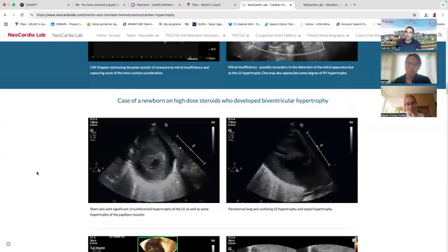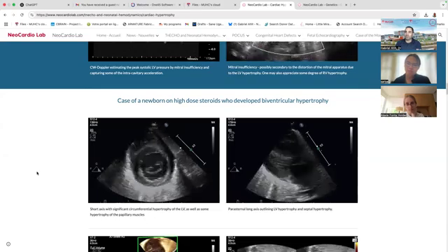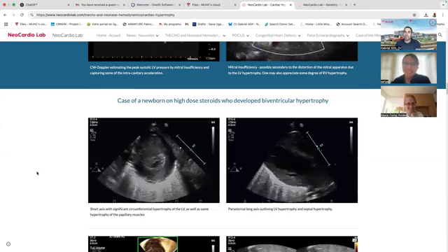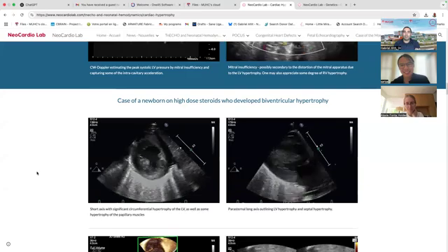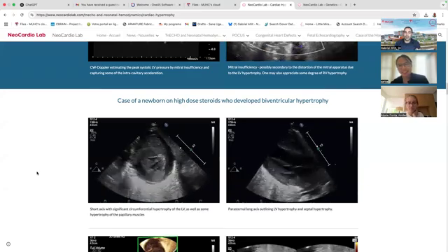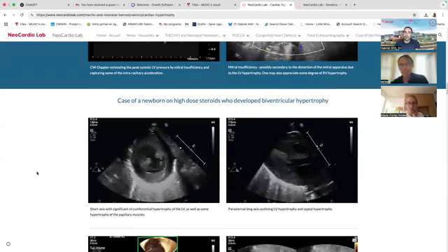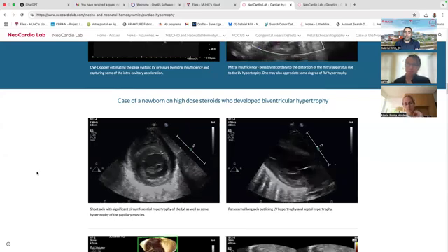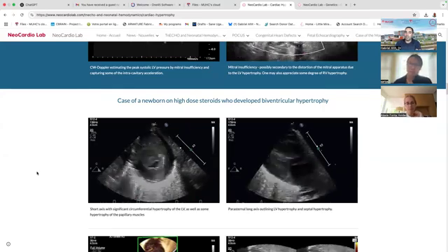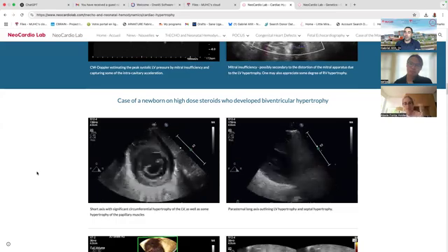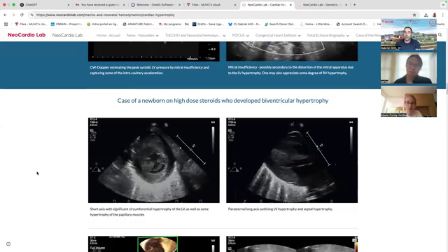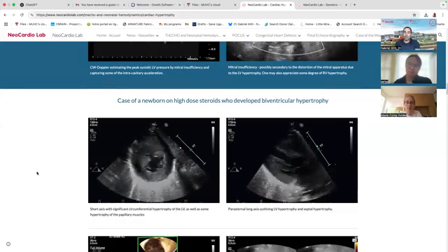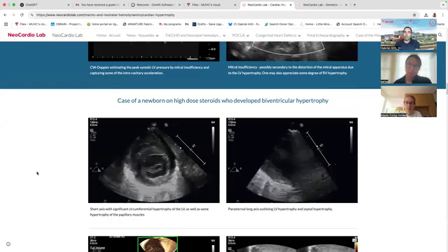But that's something you can look for and let me know. It might be because of the type of cells at the septal level, which are not necessarily the same as the myocardial cells that are components of the free walls. But I'm not 100% sure why particularly the septum is more affected.